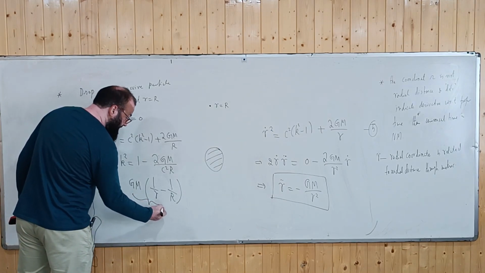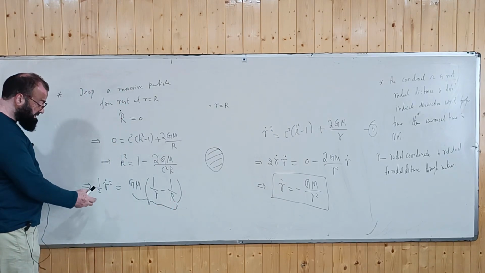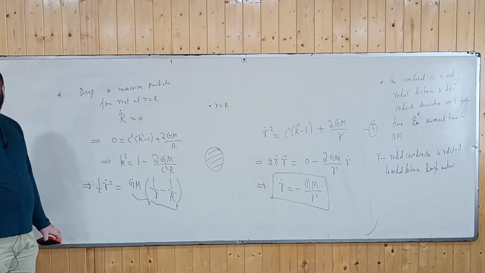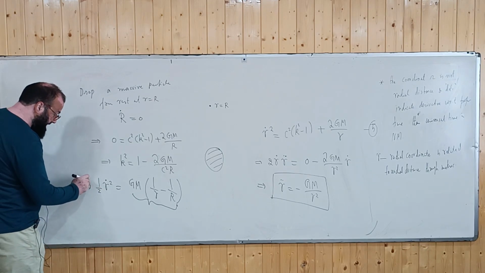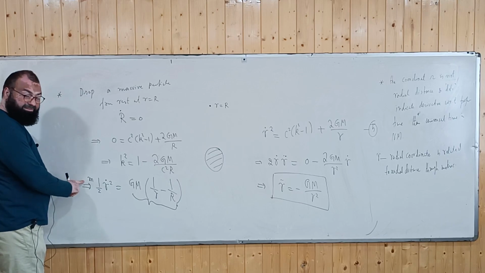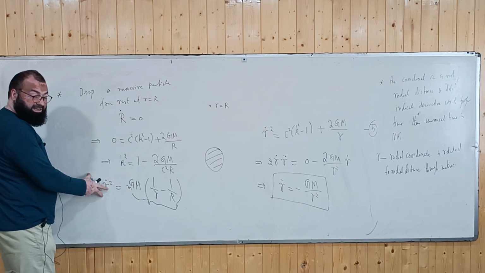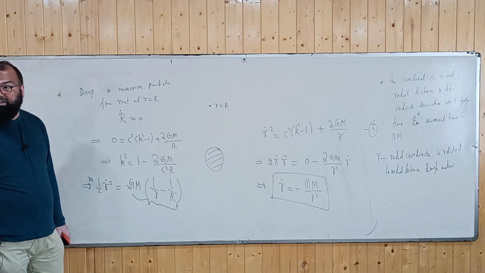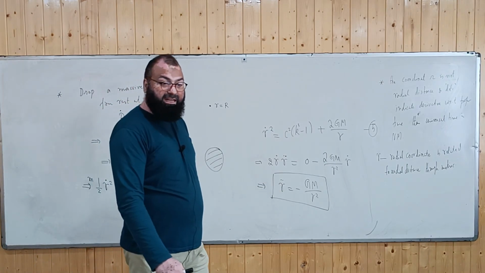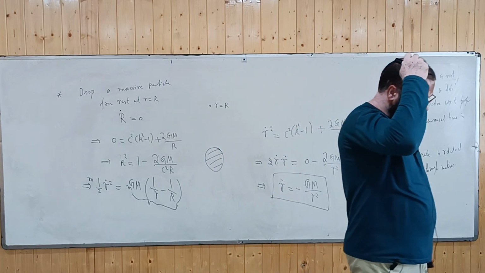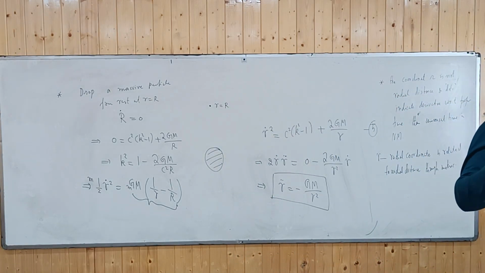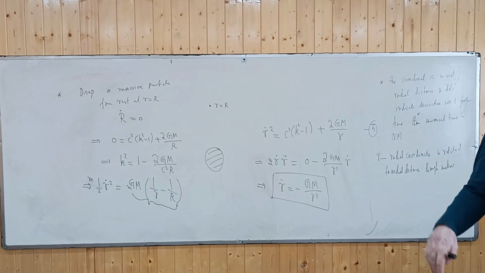So this is actually the difference of the potential energy. What is it equal to? The kinetic energy, if I multiply this by some test mass m. So when a particle falls in a gravitational field, the loss in potential energy is equal to the gain in kinetic energy.